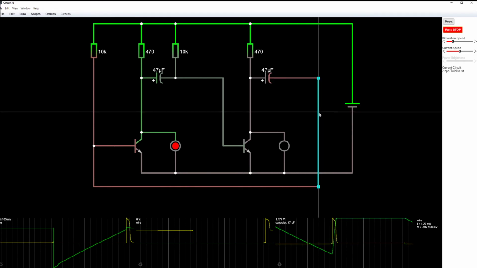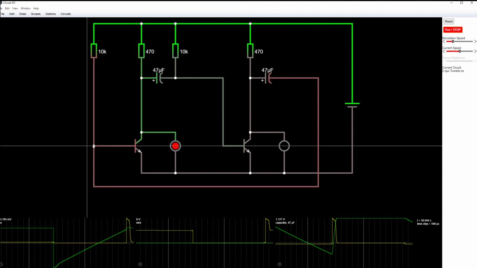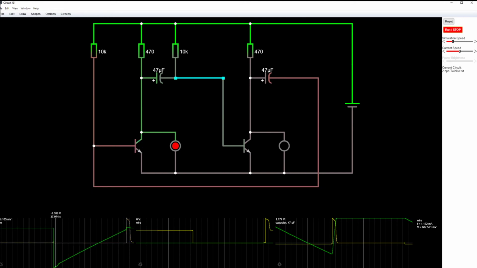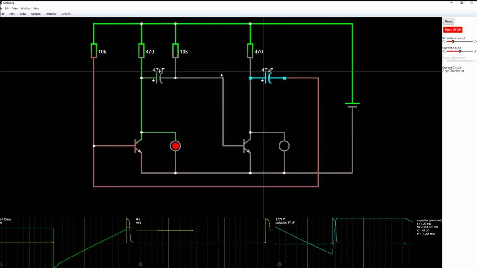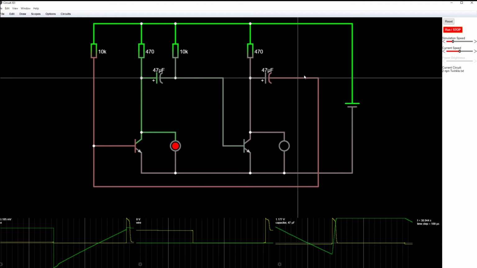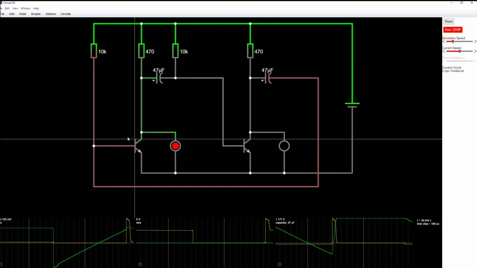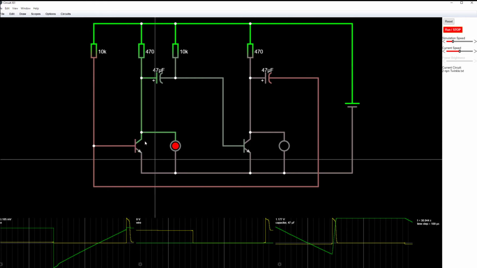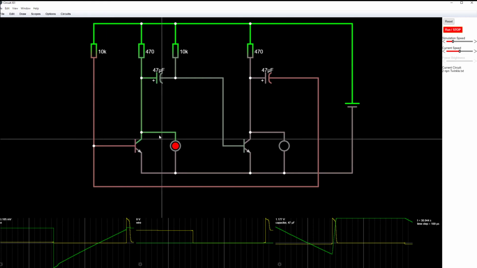So if we follow the negative voltage line of this capacitor, we see it's plugged up to the other transistor. So that's the same thing that's happening over here. That's how we get to that negative voltage. So the right side of the capacitor gets to a negative voltage, which means it turns off this transistor, and so it allows the current.